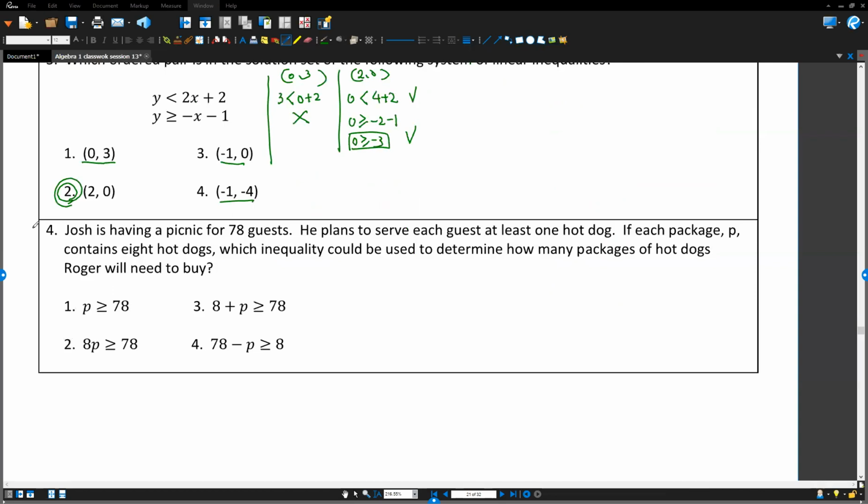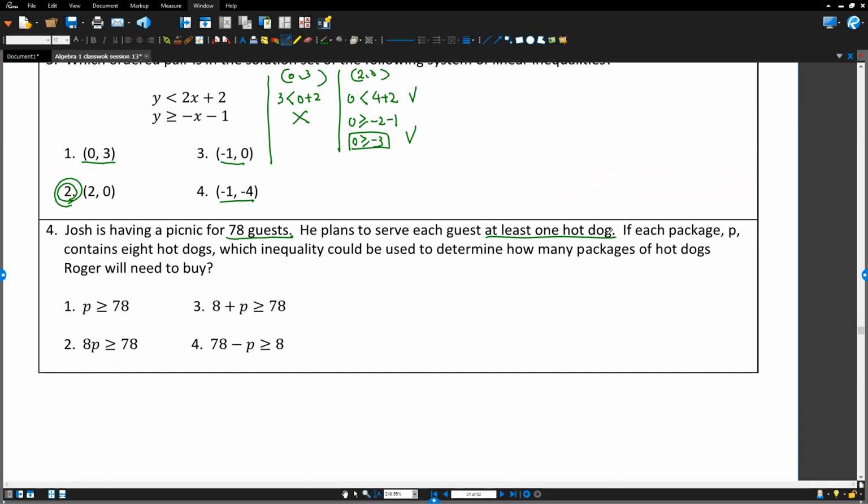All right, now we're going to try one more, number 4. Josh is having a picnic for 78 guests. He plans to serve each guest at least 1 hot dog. Yeah, at least 1 hot dog. So some guests may want more than 10 hot dogs, 20 hot dogs. They all like hot dogs.